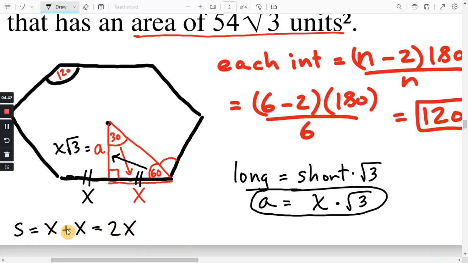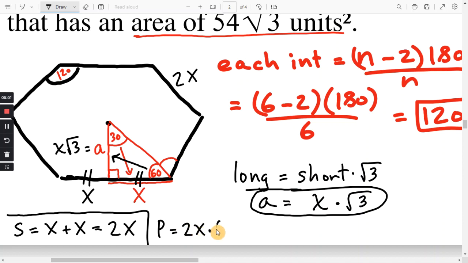And once you have that, you can easily find the perimeter. If each side is 2x, and there's 6 sides, the perimeter is just going to be 2x times 6, and that's going to be 12x. So that's your perimeter.